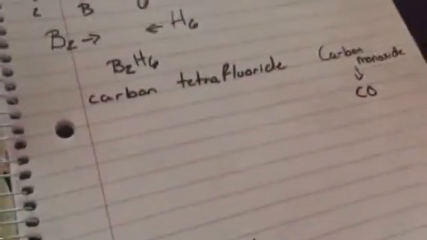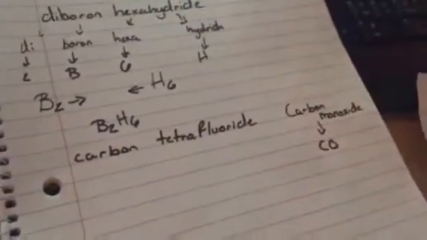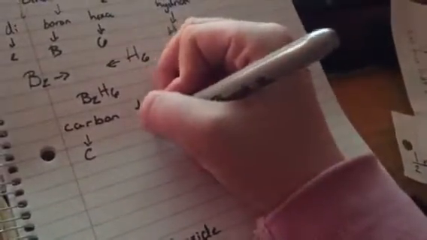Now, back to carbon tetrafluoride. We first take the single carbon, and then we find its chemical symbol, C, and we write that down. Next, we take tetra, check our chart, and see that tetra is 4. So we write down the number 4.